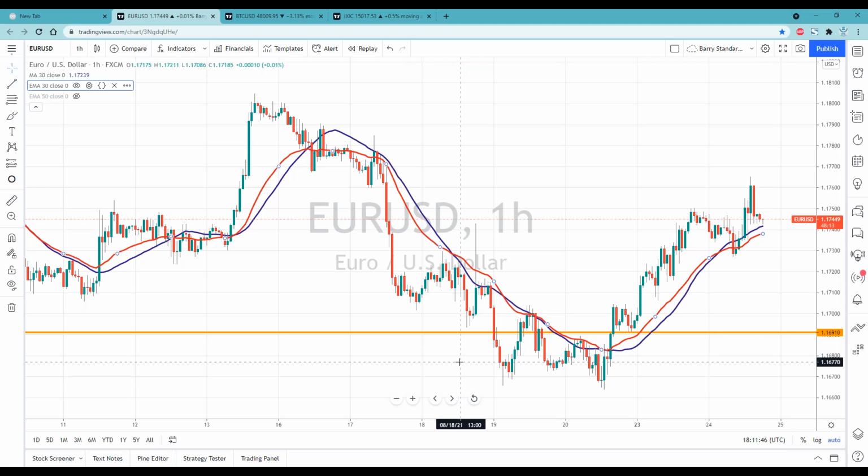What you see on the chart is a 30 period EMA in red, and you see the slight difference between the two different moving averages.